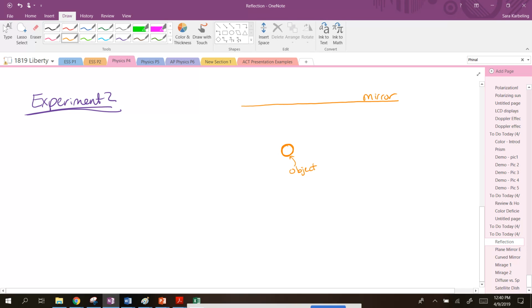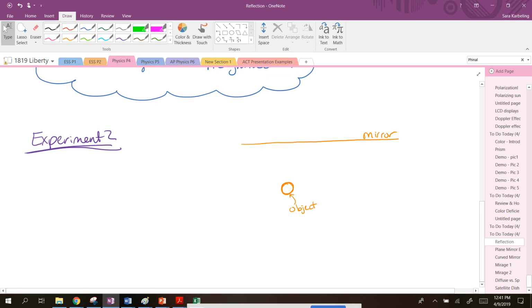And what did you do? Do you remember? It's just like 10 minutes ago. You lined the protractor up to a certain side of the mark. Were you looking at the object, or were you looking at the image when you lined the protractor up? You were looking at the image. So I'm going to go ahead and put the image back there. This is not something that you did on yours, but I want you to draw this in your notes now.